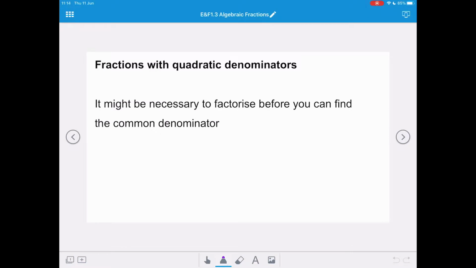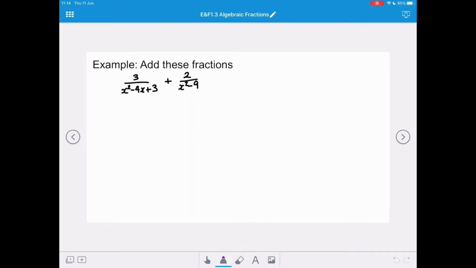If our fractions have quadratic denominators, it might be necessary to factorise before we can find what the common denominator is. So in our final example, we want to add these fractions. We've got 3 over x squared minus 4x plus 3 plus 2 over x squared minus 9. You can see we've got a trinomial on the bottom of our first fraction and a difference of 2 squares on the bottom of our second.